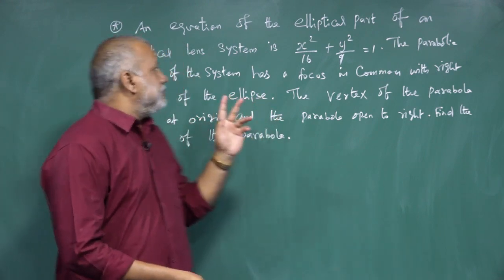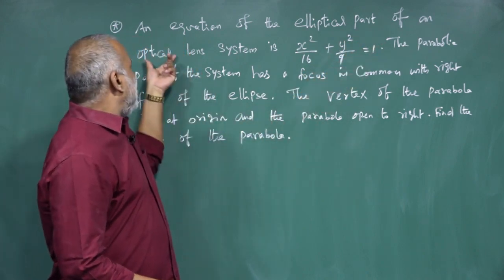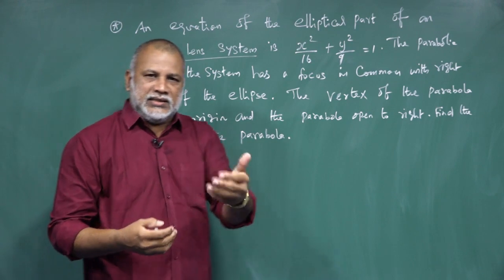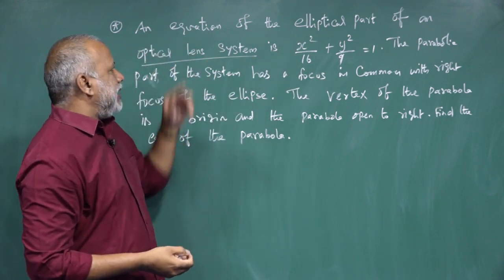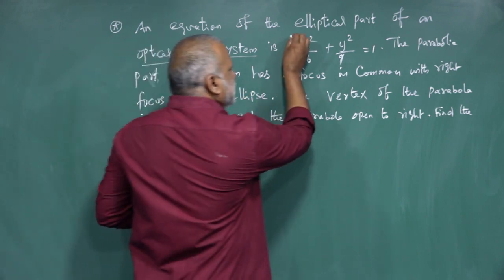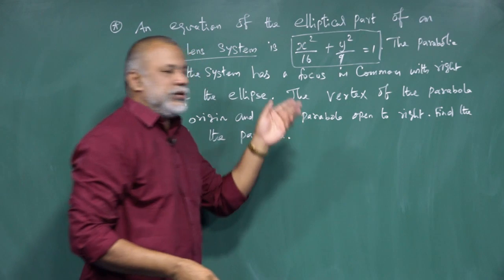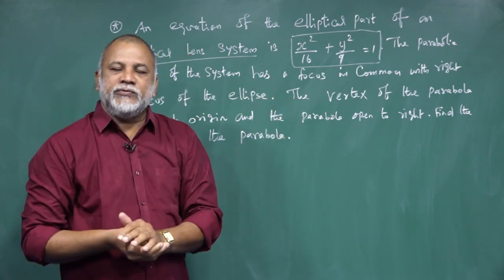See the question. An equation of an elliptical part of an optical lens. So we are using many lenses in our life. The elliptical part of an optical lens system is x squared by 16 plus y squared by 9 equal to 1. So we are using many optical lenses in our everyday life.